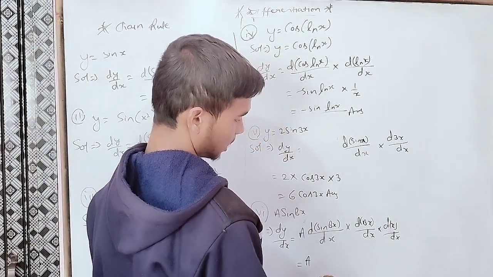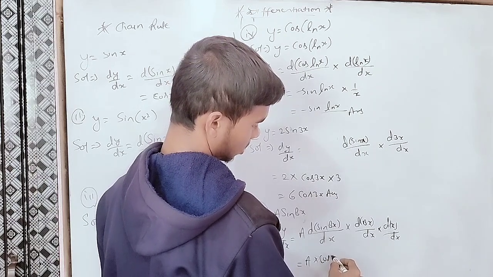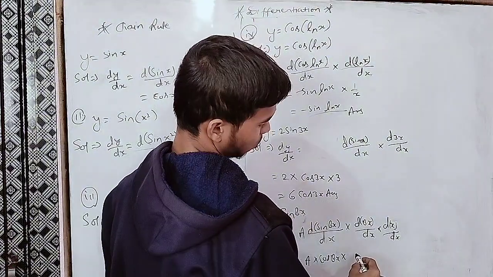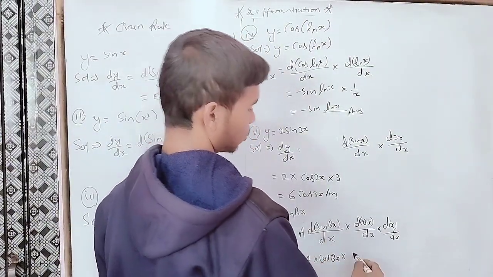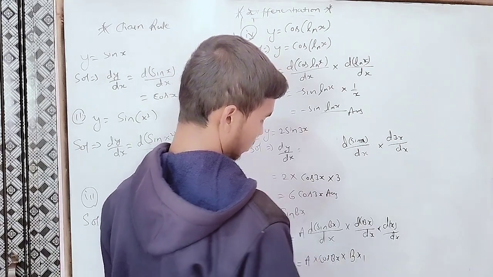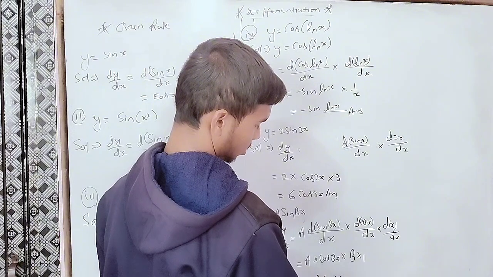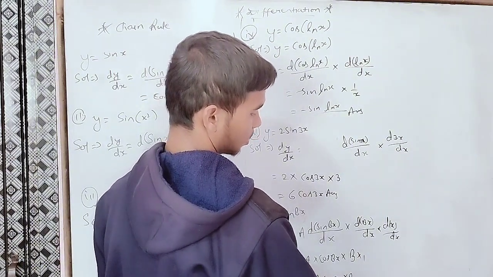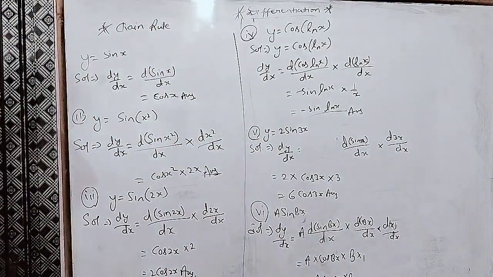A will be written as it is, sine gives cos x, then bx. So b is a number, so of course b only. Then a cos bx multiplied by b. This is the answer.